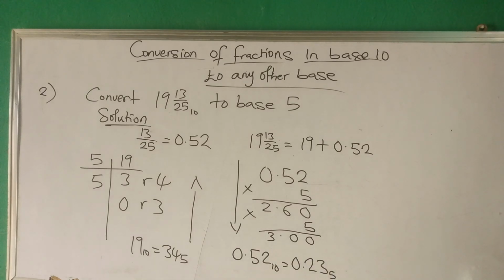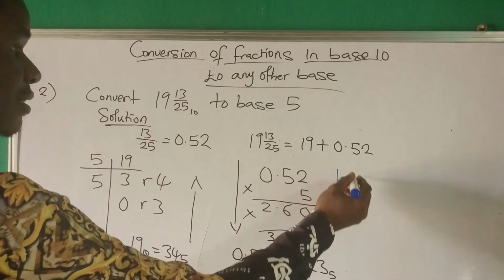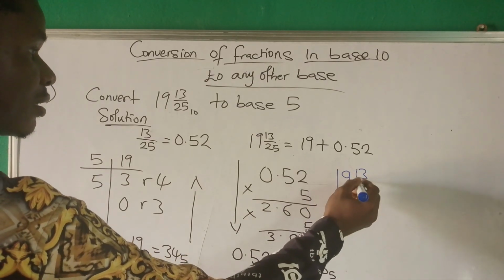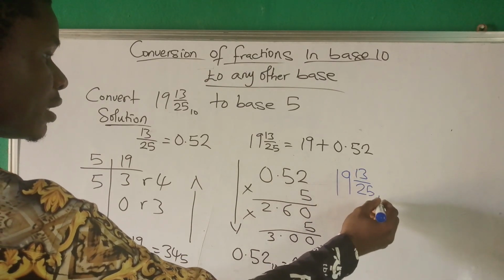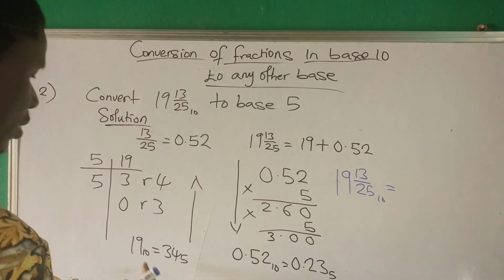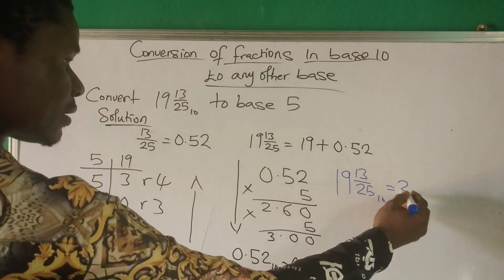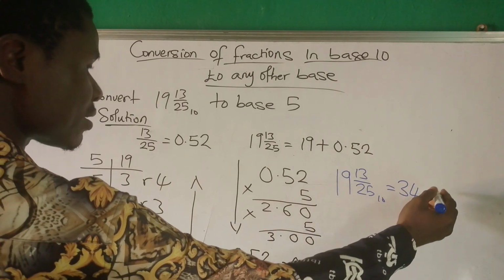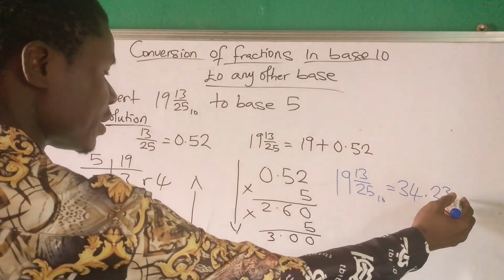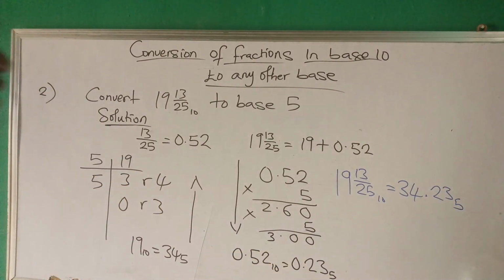So how do we present our answer? Our answer is simply 19 whole number 13 over 25 in base 10 equals 34.23 base 5.